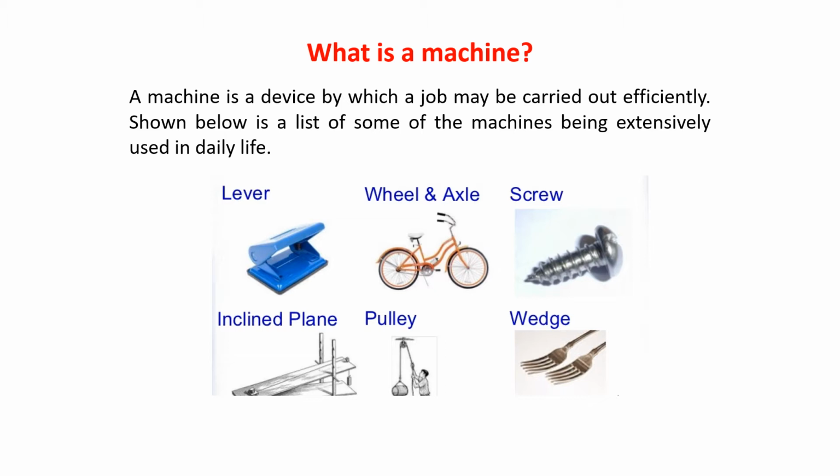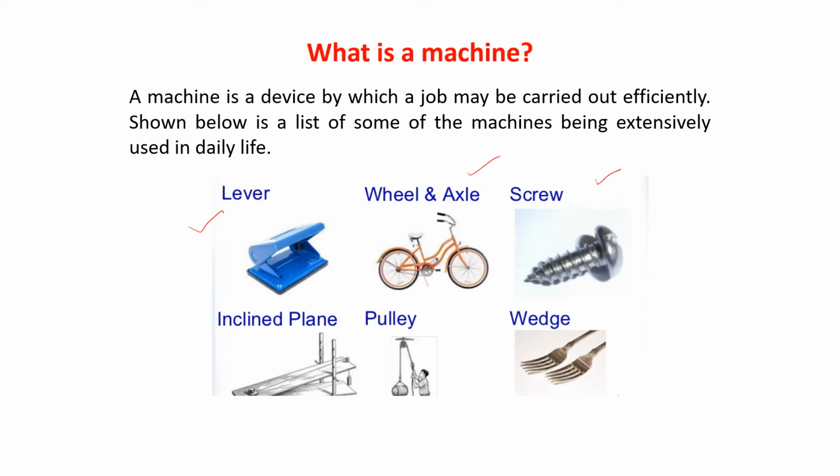Shown below is a list of some of the machines that we are using in daily life. This is an example of a lever. This is wheel and axle.